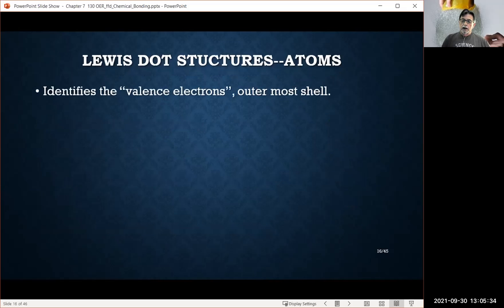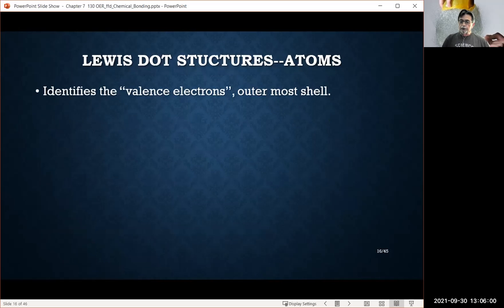All right. Now, this brings us to what we call Lewis dot structures for atoms. This is only true for those elements that are in the A groups, so that's groups 1A through 8A, okay? Finding their position on our periodic table, we know how many valence electrons they have.